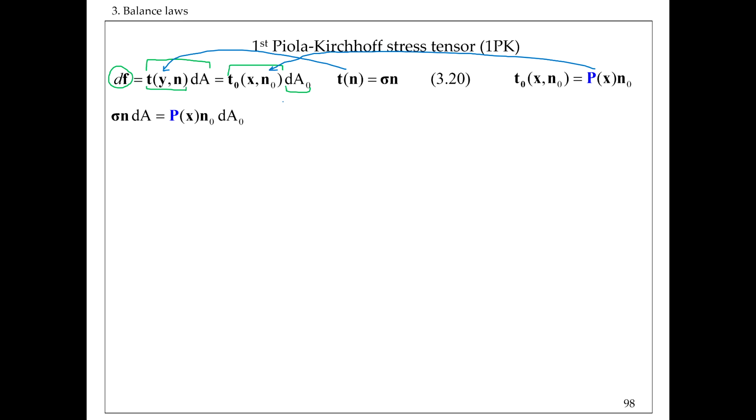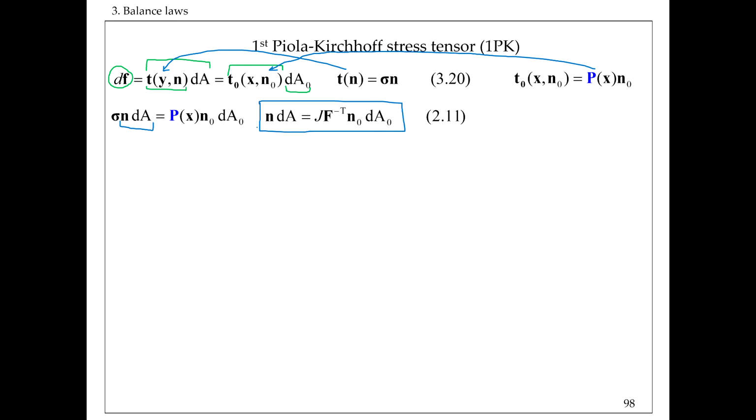And that's exactly the moment when we should realize that there is a connection between n da and n0 dA0. This is a familiar term: the area vector element n da was transformed into n0 dA0, or vice versa, by means of the Nanson formula that we derived back in the kinematics section. And so this is exactly our Nanson formula.